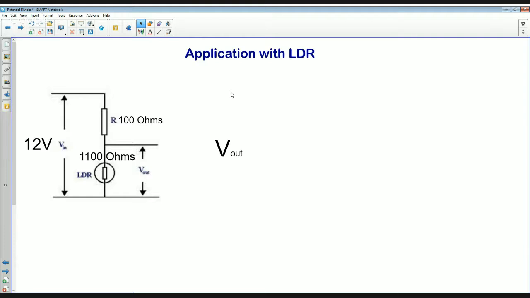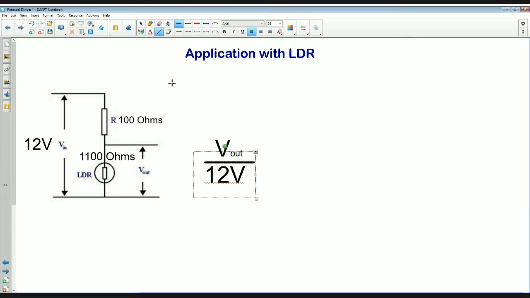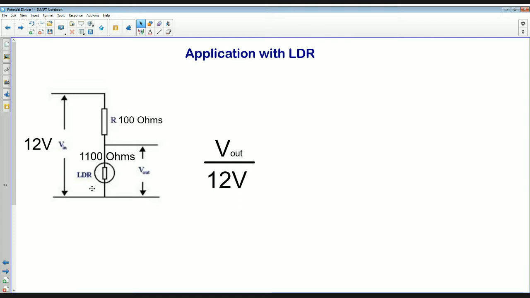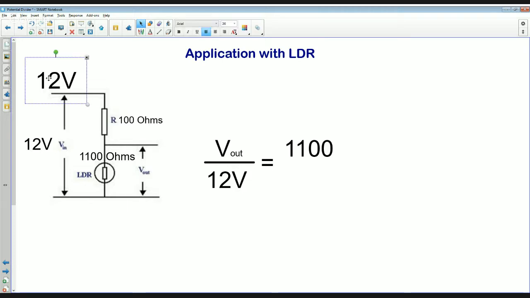Now V out over the input voltage, which is 12 volts, or rather the total potential difference across these two parts, will equal 110 ohms, right, because this is parallel to this, therefore this would have the same potential difference, over the total resistance.